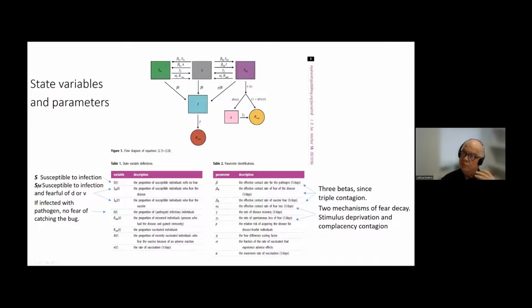If I remove the aversive stimulus or the fear-inducing phenomenon, then the fear decays. But they can also catch complacency from others. So there's a natural fear decay due to stimulus deprivation. And there's also encouragement from people who've already lost their fear, who've been in the basement and came out and said, I'm okay, and you should come out too, all right?